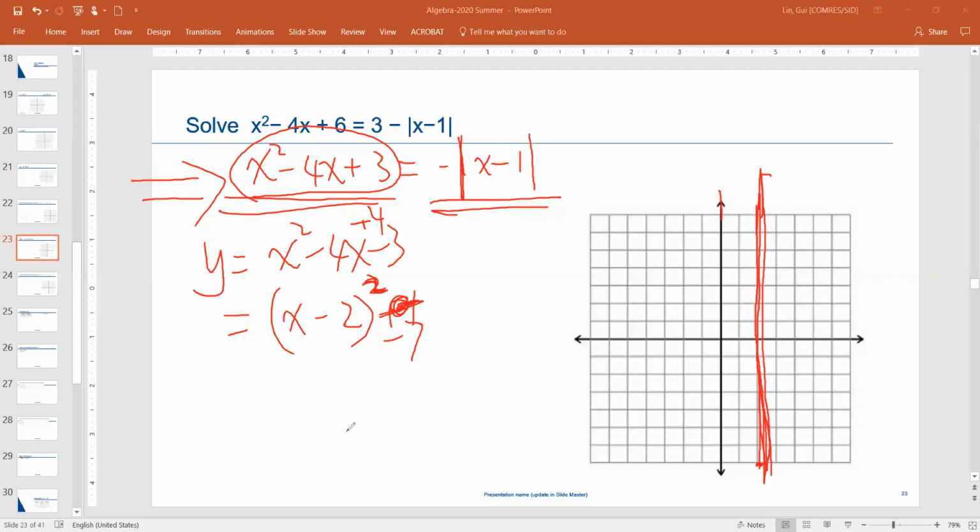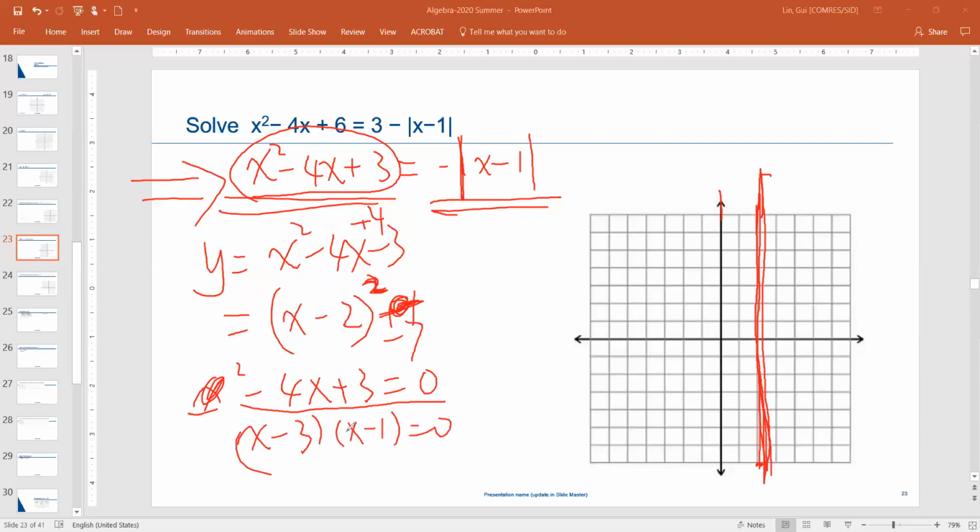Plus 3. So this face mouth actually changed into what? So x squared minus 4x, what's the x-intercept? It's wrong. The x-intercept is right here. So it'd be changed into -3 and -1, right? So it'd be 1 and 3.